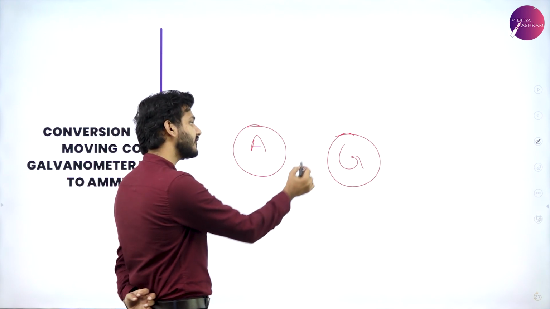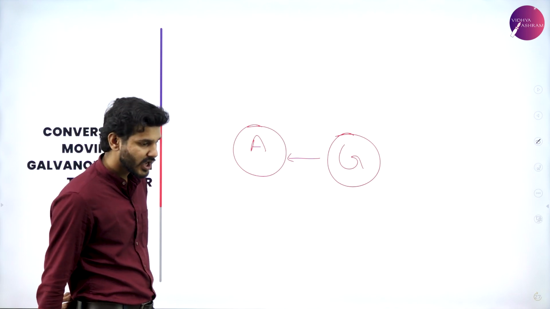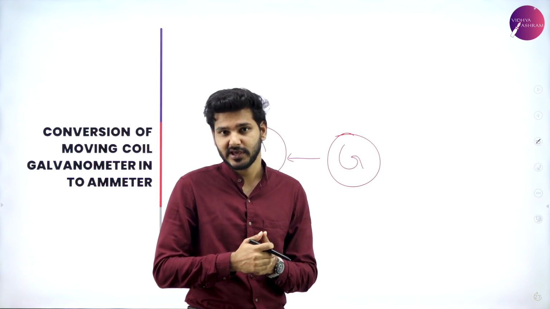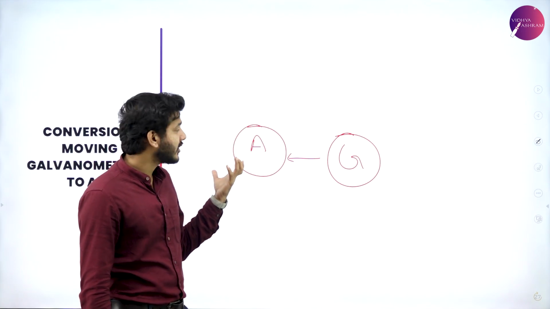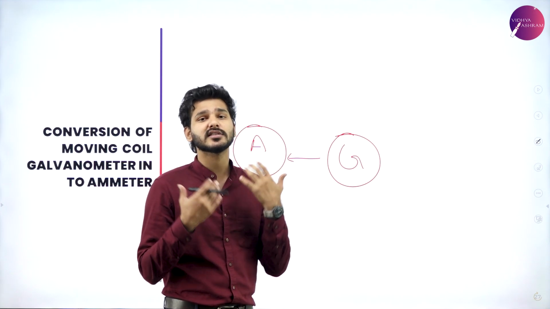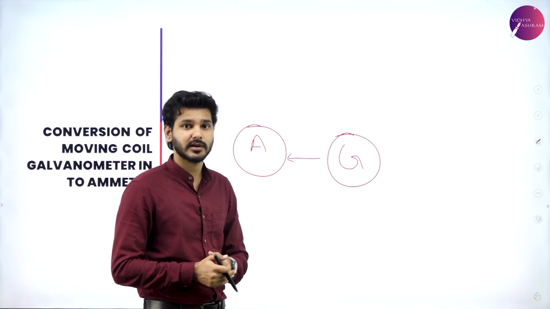So how can you convert this galvanometer into an ammeter? That is the question. Let's say my dear friend who's studying in PU comes running to me and says that he accidentally destroyed an ammeter in the lab and wants to make another one. Can you please buy one for me? And me being such a sweet, innocent friend, I'll say, okay, give me 500 rupees, I'll buy you a new one.